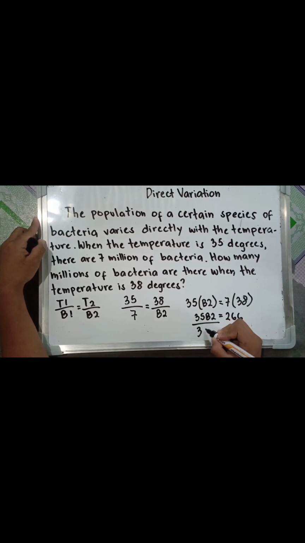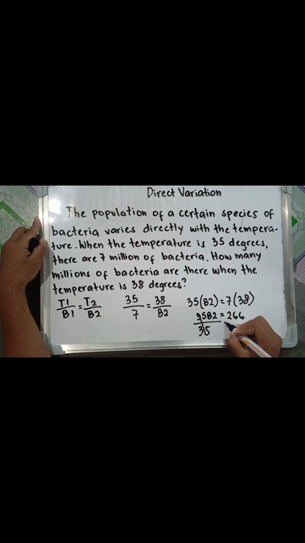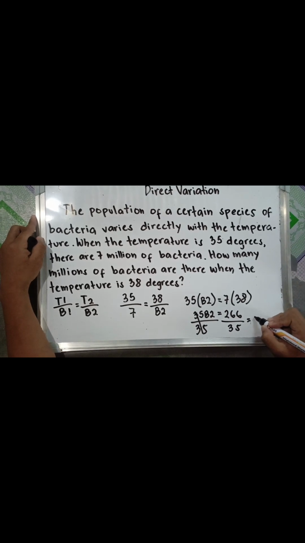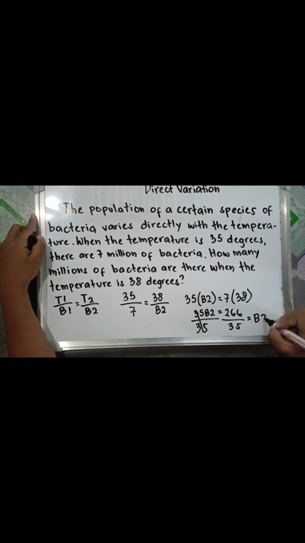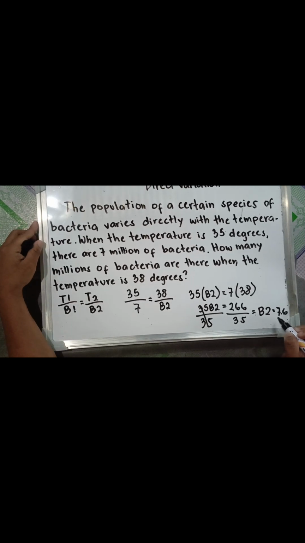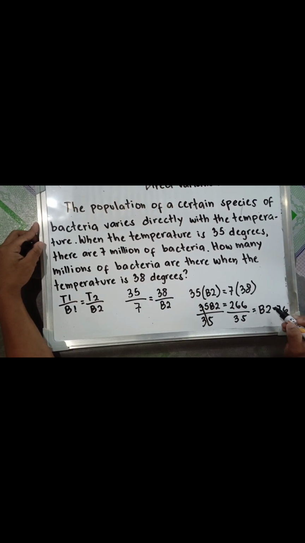Divide both sides by 35, and we come up with the answer of 7.6. This is the total of bacteria in 38 degrees.